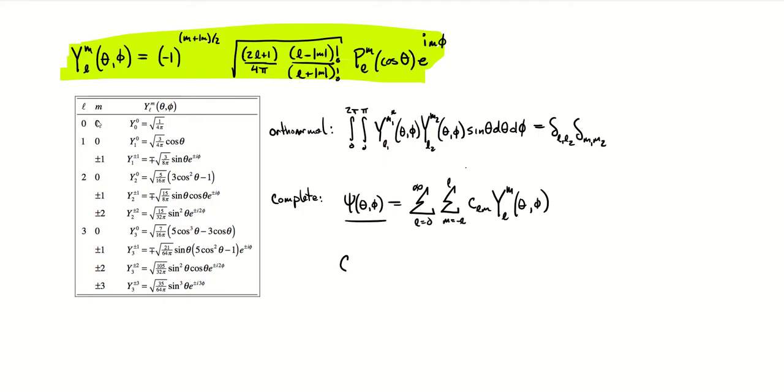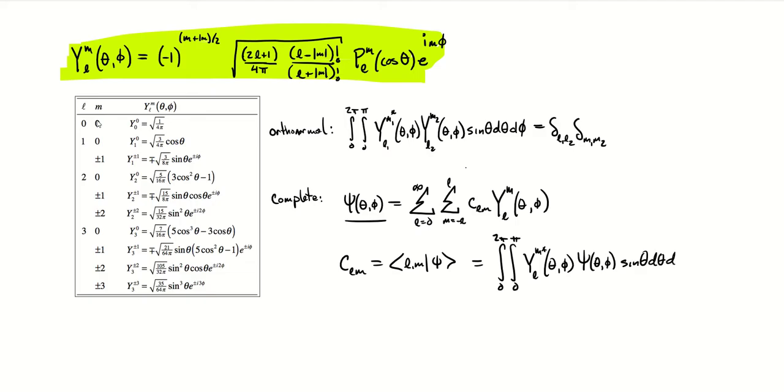And those coefficients for each of those terms is just a projection of our state function onto those functions, or if we were to calculate that in position space, it's the overlap integral between those things: integral from 0 to pi of Y l m theta phi times our wave function, theta phi, sine theta d theta d phi.